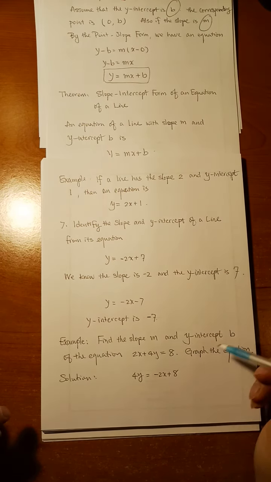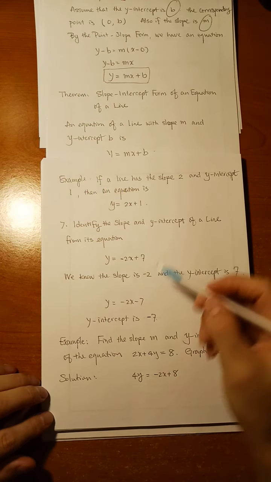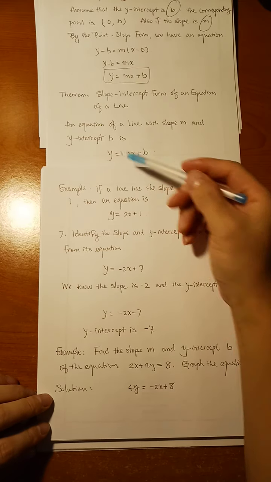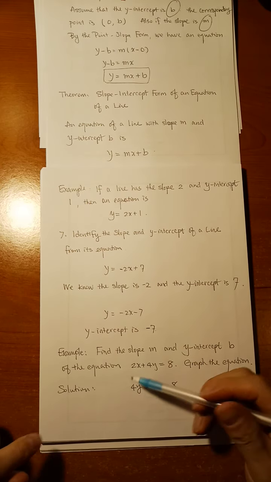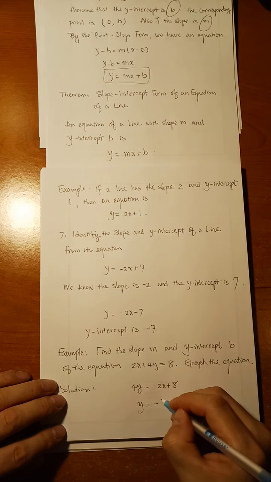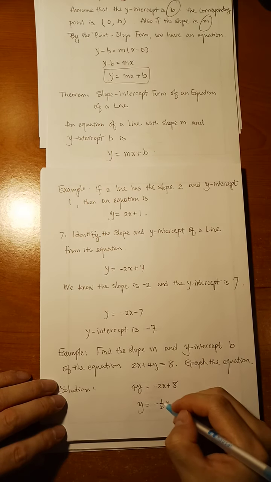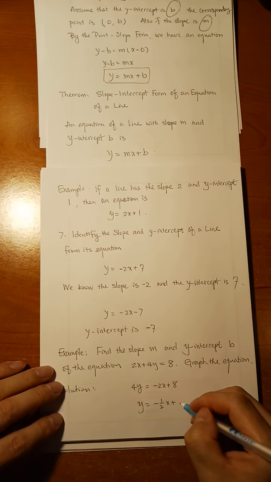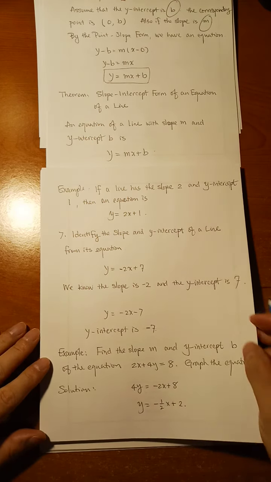I move 2x to the right side, and it becomes negative 2x plus 8. Then y has a coefficient of 4, so we divide both sides of the equation by 4. 2x over 4 is negative 1/2 x. 8 over 4 is 2.